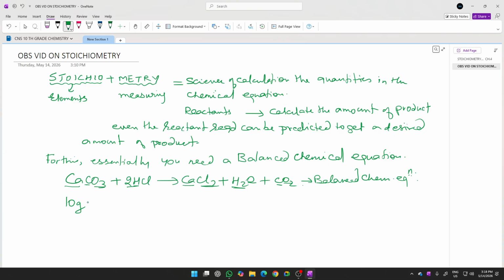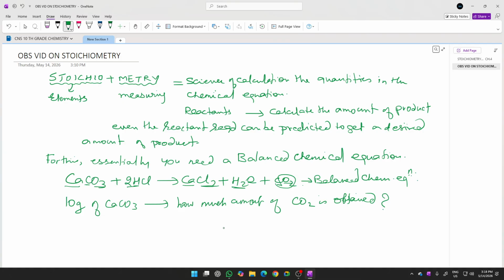So if 10 gram of calcium carbonate is taken, how much carbon dioxide is obtained? This type of question or calculation can be done with the help of stoichiometry. This is the example I gave you to understand what stoichiometry actually means. Is that clear?